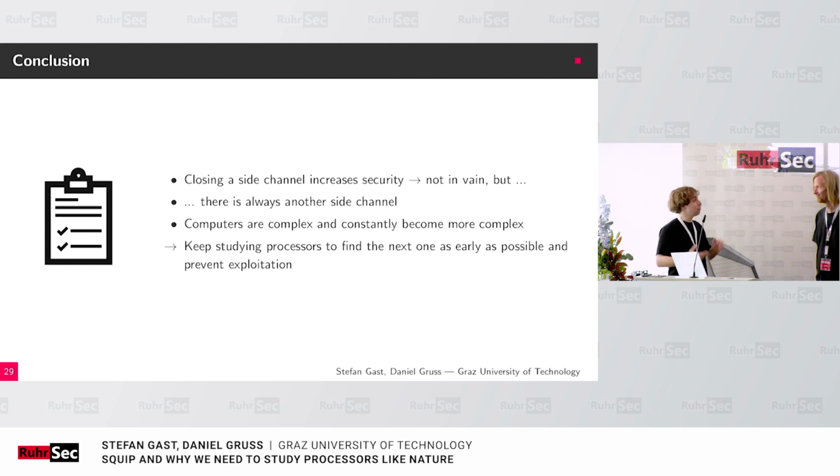Yeah, that means we need to keep studying processors like we study nature. And we are well aware that we will never reach this 100% goal of, oh, now it will be 100% secure. We will never reach that, the same way as we will never reach a 100% understanding of nature. But if we find those channels as early as possible, then maybe we prevent exploitation in some cases.